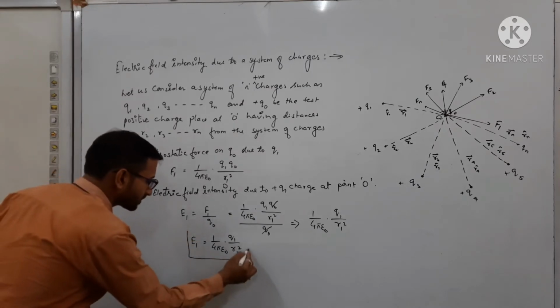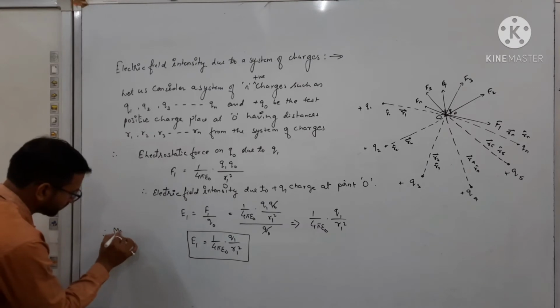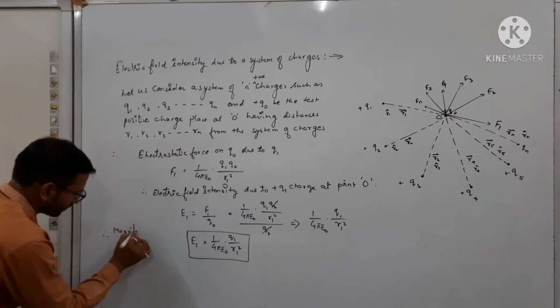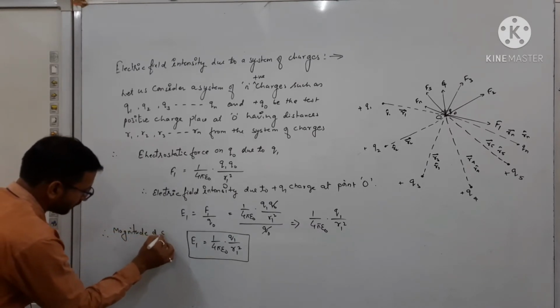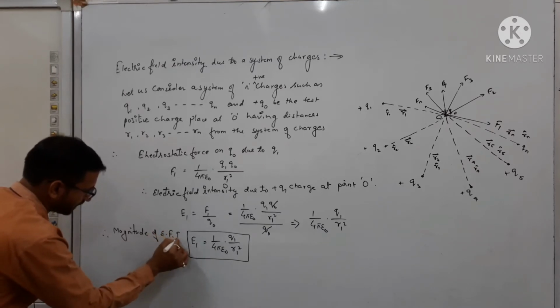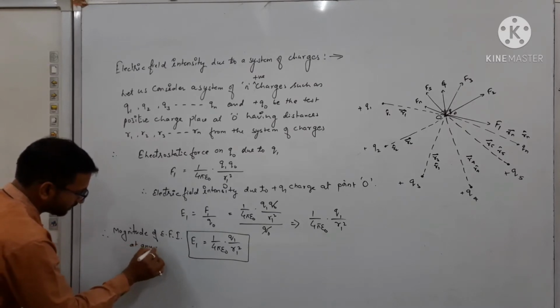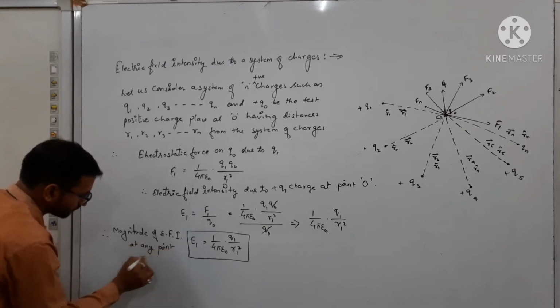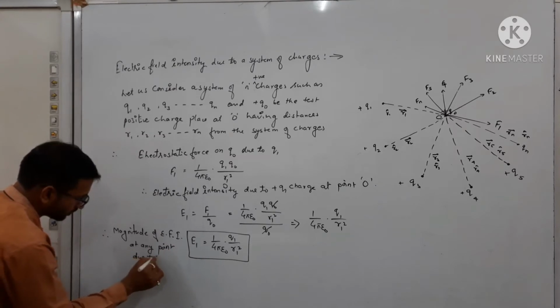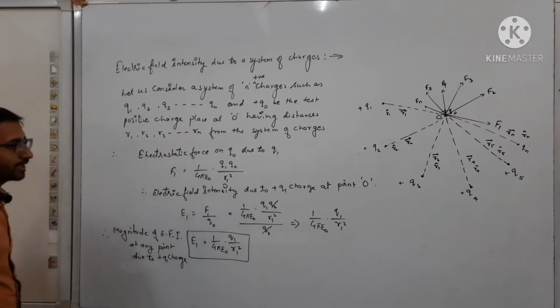So this is the formula for the electric field intensity at any point. Clear? So this formula is called our magnitude of electric field intensity at any point due to plus Q1 charge. Got it?